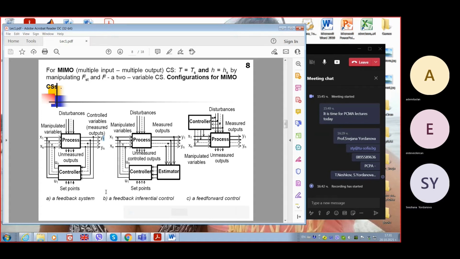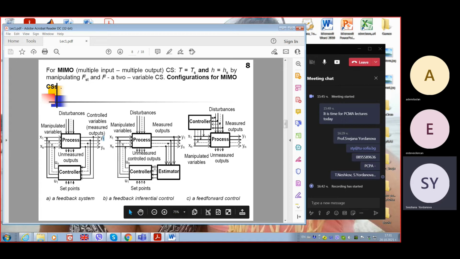But inferential is the control when we want to control unmeasurable variables. Then we measure what is measurable, use an estimator, and obtain an estimated unmeasured controlled variable. And the controller tries to stabilize these unmeasured but estimated controlled outputs we want to control.